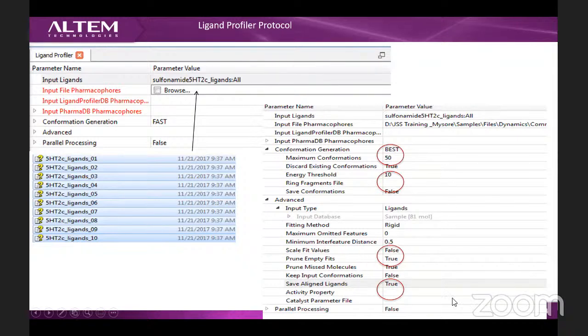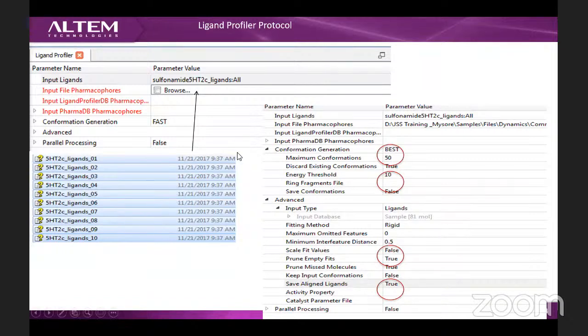If you're not sure about the input parameters, keep them as default and run the results. In case you're not getting results or haven't seen some difference in results, try these operations in Discovery Studio or in these kinds of tools, and then you can come to draw the conclusions.